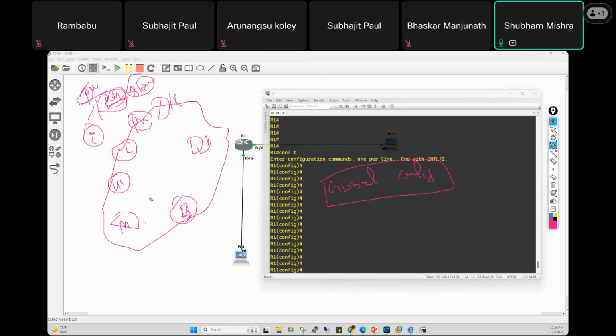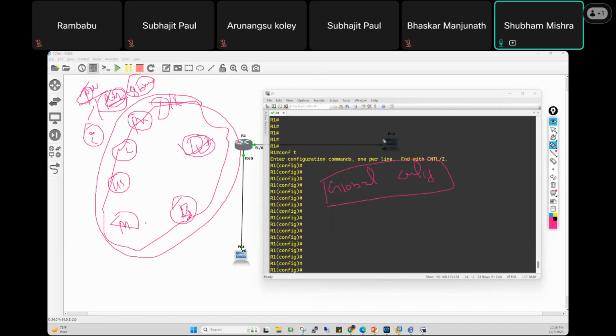Agree? Tell me, guys, yes or no? Whenever I say globally, it means for every location. And if I say locally, for example, I implement this policy locally on the Mumbai firewall or Mumbai device, then the policy will be implemented only on the Mumbai device, not for all devices.